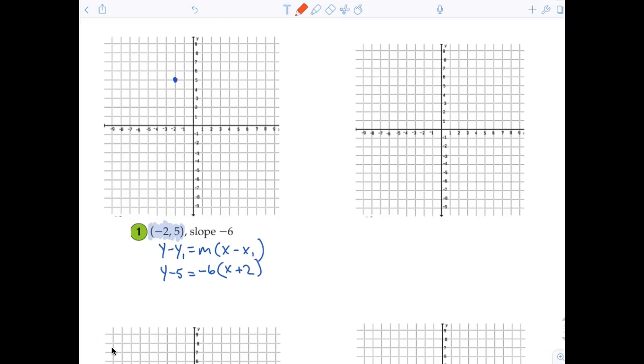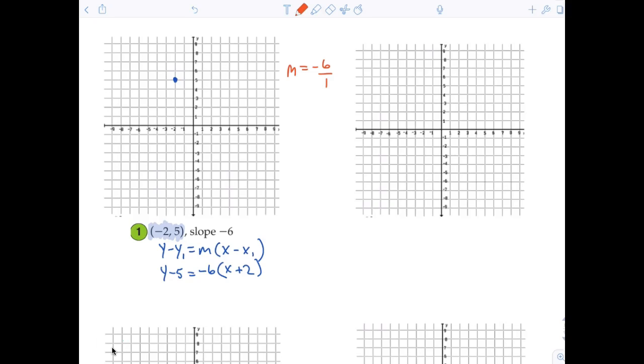Now, from that point, not from the y-intercept, because we don't know the y-intercept, but from that point, I'm going to use the slope. What is the slope? So what do I have to do? The slope is -6/1, which means I go down 6 and to the right 1.